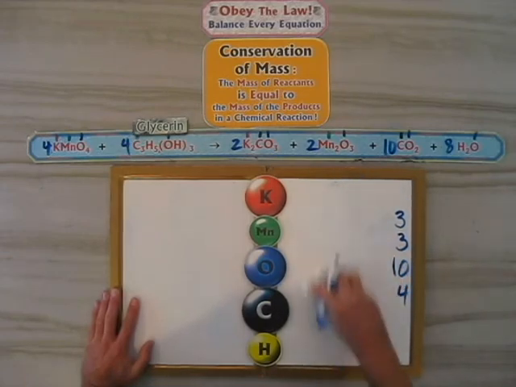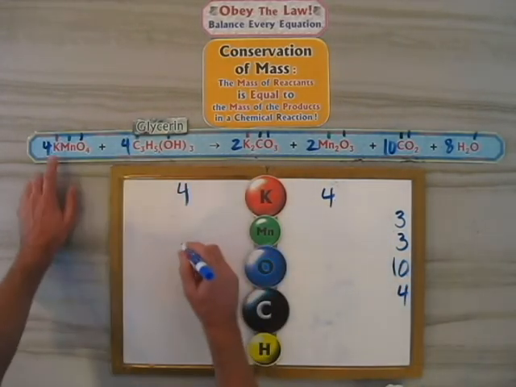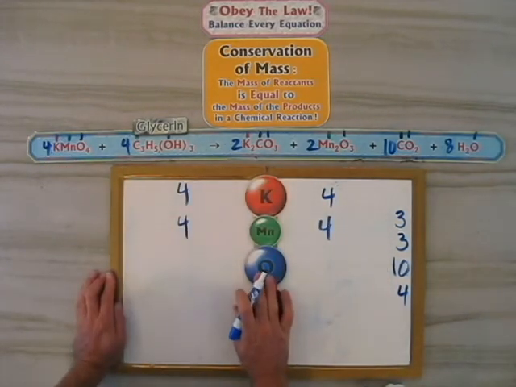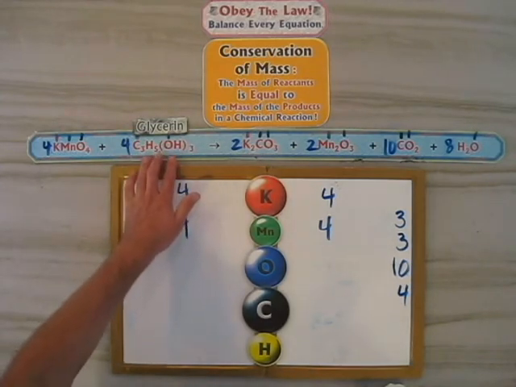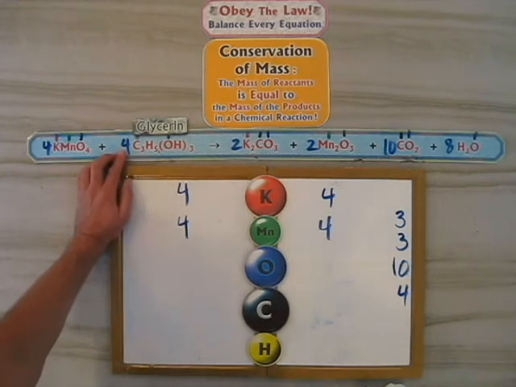Most of them should just be doubled. Like that should be 4 potassium, 4 potassium, 4 manganese, 4 manganese. Let's deal with the hydrogen. So that's 8 hydrogen in here times 4, 32 hydrogen, right?